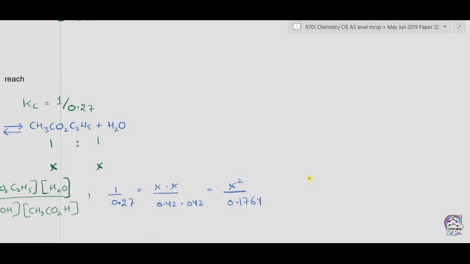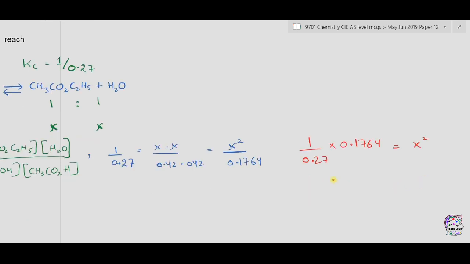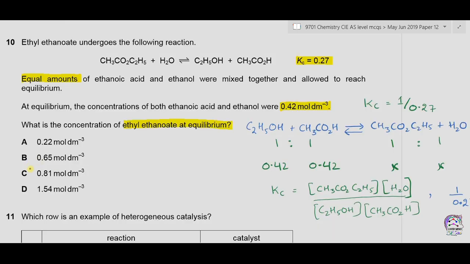Solving it further, we have 1 over 0.27 into 0.1764 is equal to X squared. Or we can write 0.6533 is equal to X squared. Now taking square root on both sides, we have 0.81 mole per decimeter cube. This is the value of X. So therefore correct option is C, 0.81 mole per decimeter cube.